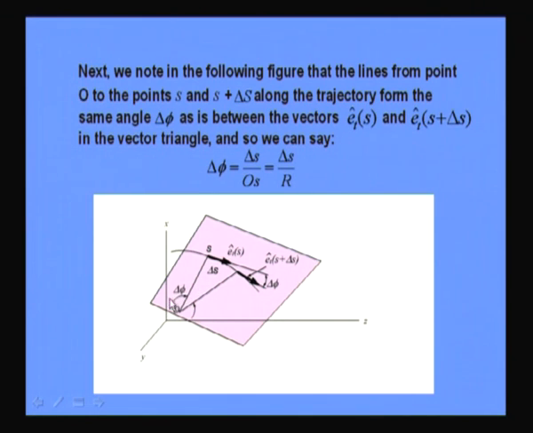So this angle is delta phi, and we can say that delta phi is equal to delta S divided by OS, which is equal to delta S divided by R, where R is the radius of curvature.